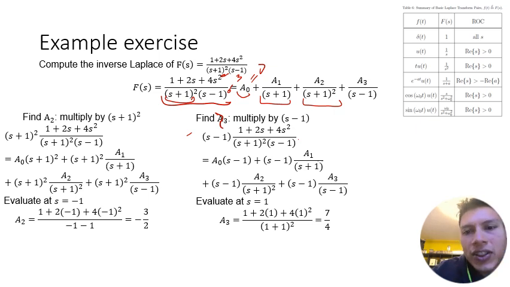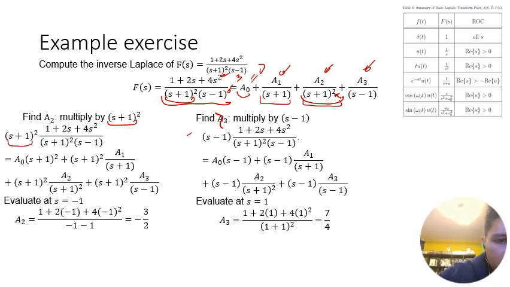Additionally, for a1, a2, and a3, we can apply our trick to the highest order term by multiplying both sides by s plus 1 squared. We're left with something that looks like this, where this one will cancel, and then this one will only cancel one of the powers.